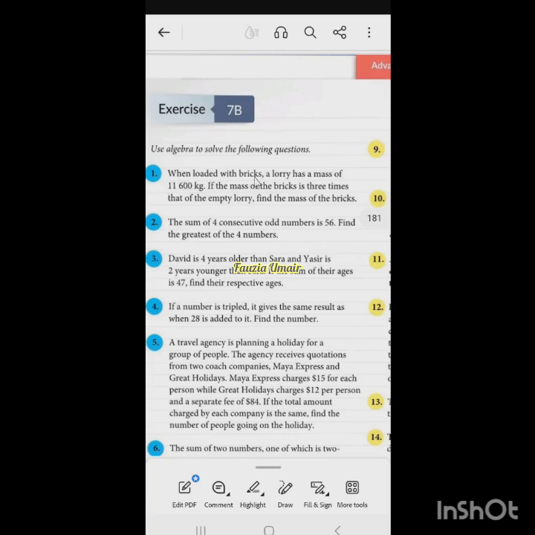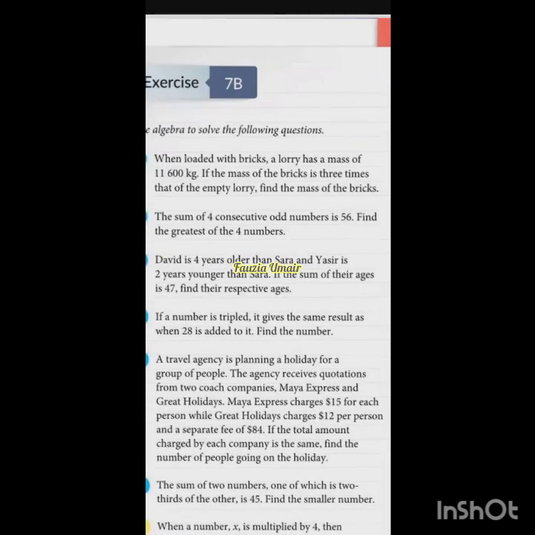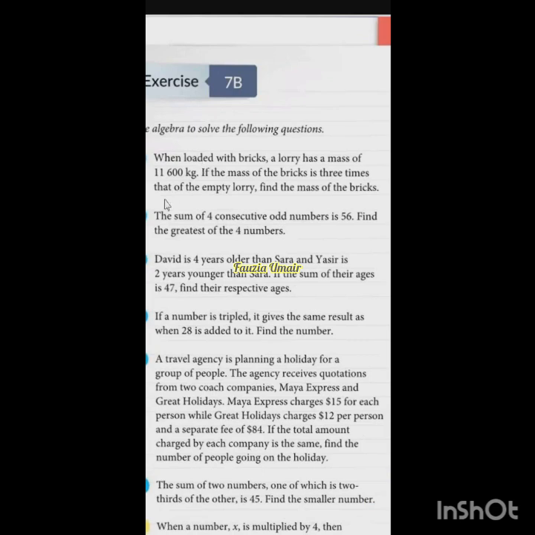When loaded with bricks, our lorry has a mass of 11,600 kg. Can you see the screen and the question, Abrish? Yes, ma'am. So when loaded with bricks, a lorry has a mass of... what is a lorry? Ma'am, the big truck.